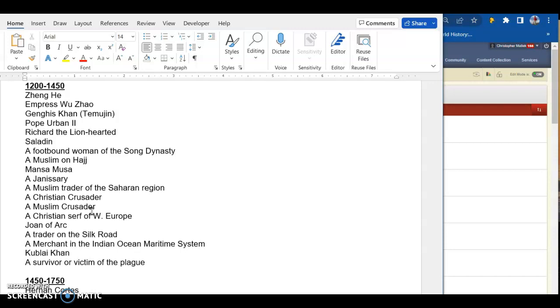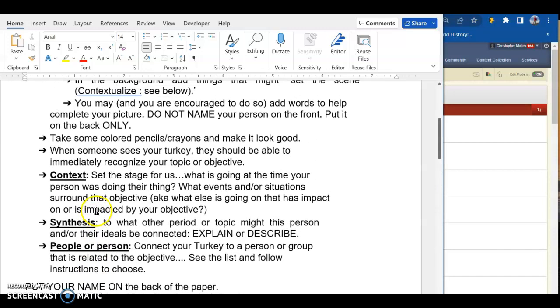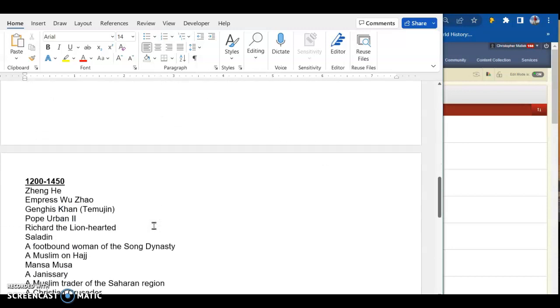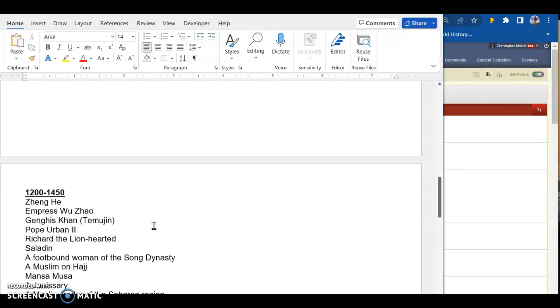So the thumb might be like an image of the person or group there, the stereotypical person of that group. Or if it's Empress Wu Zhao, you'd have Empress Wu Zhao's face on the thumb. And then the synthesis and the connections that they're making, the context, other people that they might be connected with, all of that other stuff is what the feathers are going to represent. Again, I'll show you more tomorrow. I want to get your creative juices flowing here.